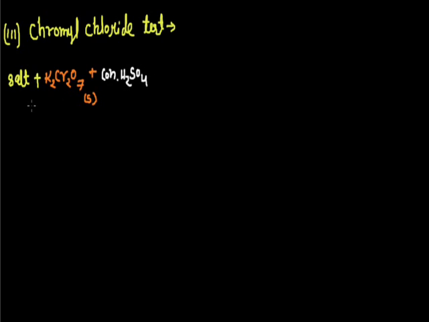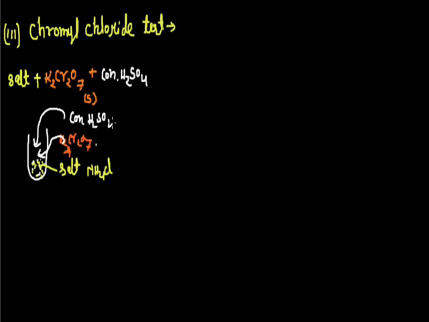So what happens after the reaction? This test tube contains the chloride-containing salt, like ammonium chloride or any other salt, plus solid potassium dichromate, K2Cr2O7, plus concentrated H2SO4.